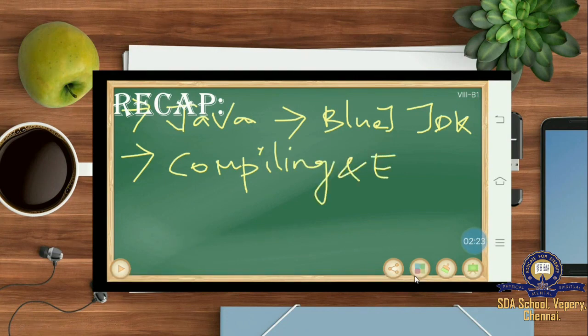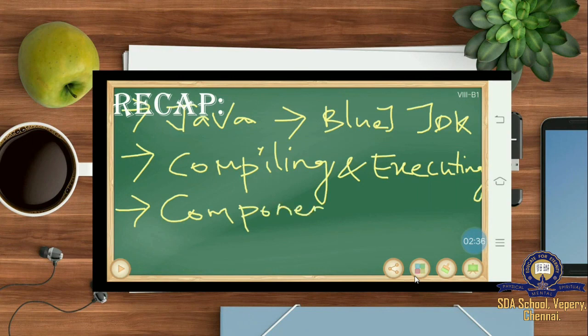Java is a simple and powerful programming language. BlueJ is a text editor which is used only for Java development.